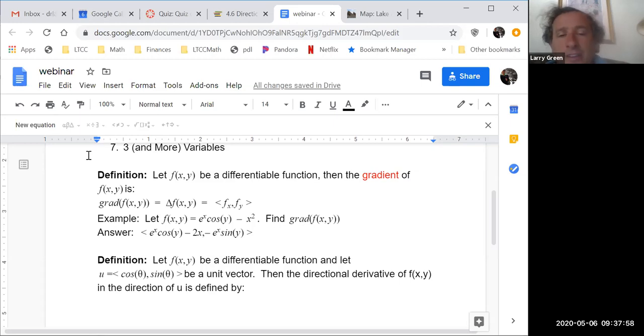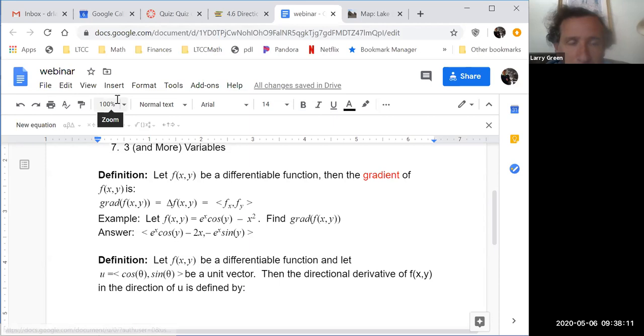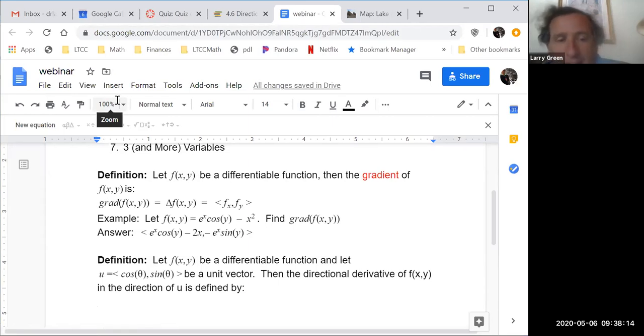How do you find a slope? It's the rise over the run. So the rise is a change in f, and the run is the little step change that you did. And then we're going to take a limit as that step size goes to 0. That's the idea here.